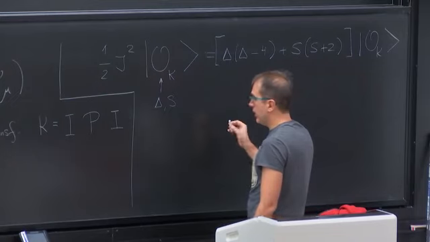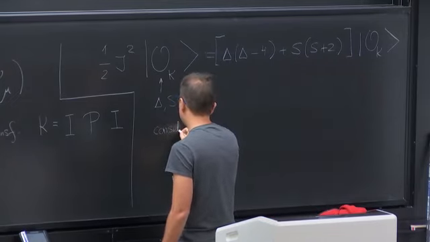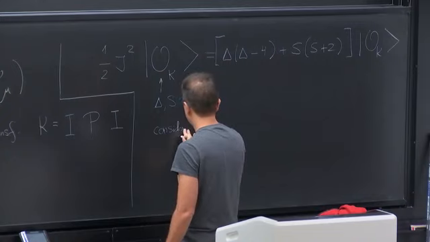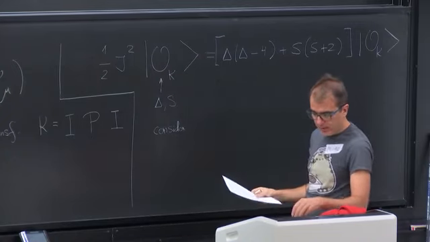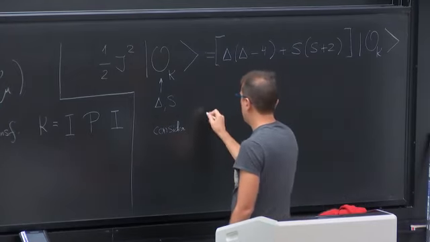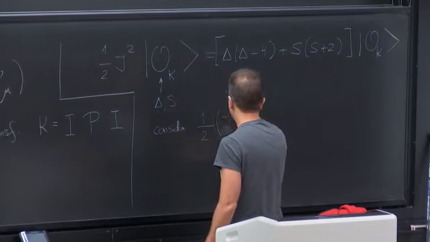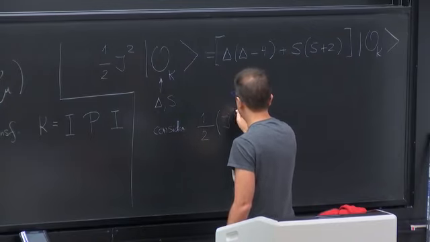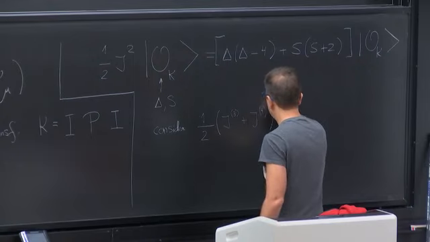Let's consider the Casimir operator, 1/2 of J acting on operator 3 plus J acting on operator 4, squared.